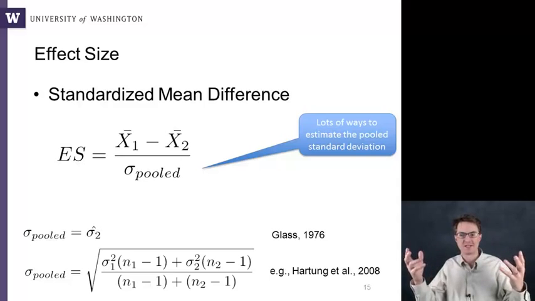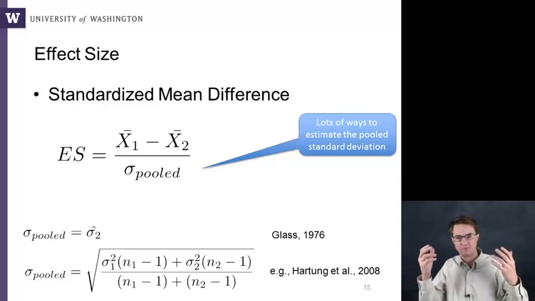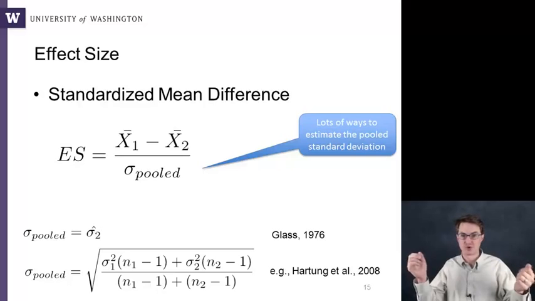There are lots of ways to compute a value for this notion of pooled. One simple way is just to take the standard deviation of the control group. The argument there is that the variation is supposed to be the same because the two groups are drawn from the same population.